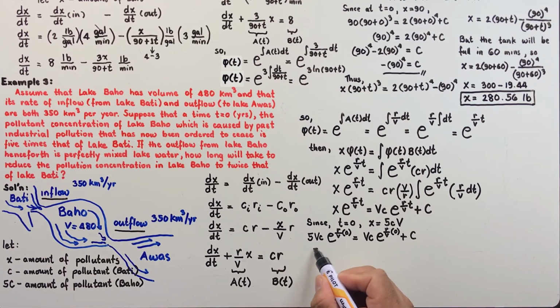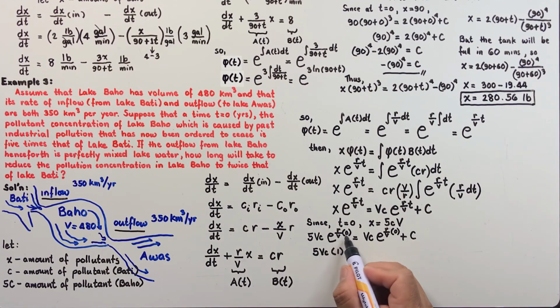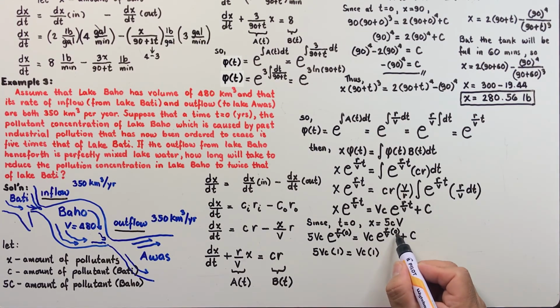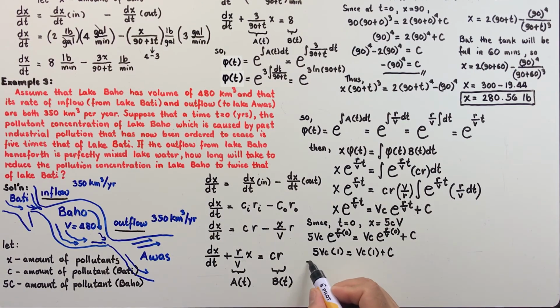So we have 5bc times 1, because the exponent here is 0, so e to the power 0 is 1, which is equal to vc times also 1, because the exponent also here is 0, plus the constant of integration c. So 5bc minus 1vc is equal to the constant of integration c. Hence, our c, which is the constant of integration, is 4vc.